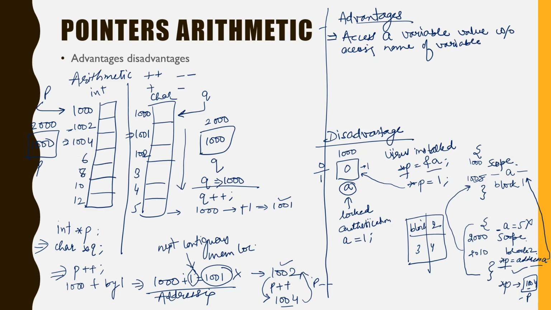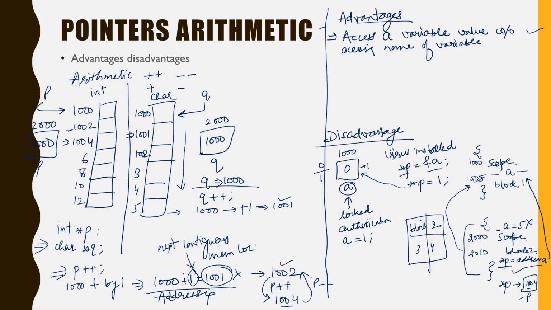So this becomes the most important disadvantage: accessing a variable's value without accessing the name of the variable. This is an advantage and a disadvantage both. Advantages are there: you don't require variables and you can directly access memory in different scopes for other applications. But the most dangerous application is this particular access if not handled properly.